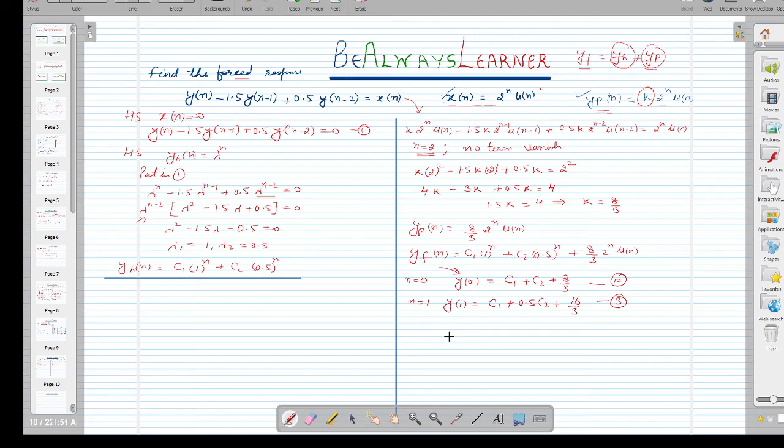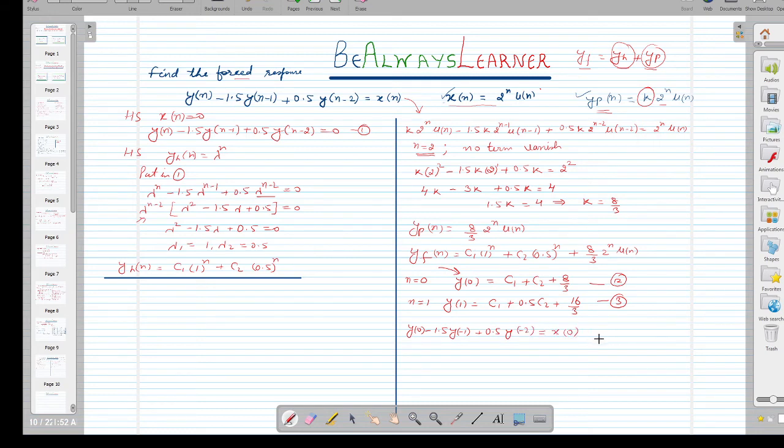Now the difference equation, this is the difference equation we are having, the initial equation. So that is, by putting n is equal to 0 we are having y0 minus 1.5 y[-1] plus 0.5 y[-2] that is equal to x0.